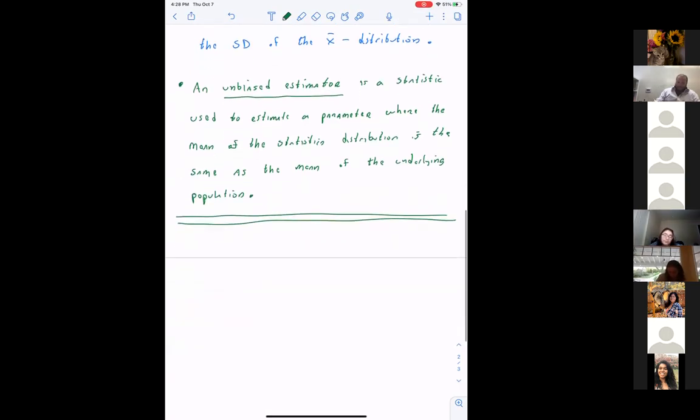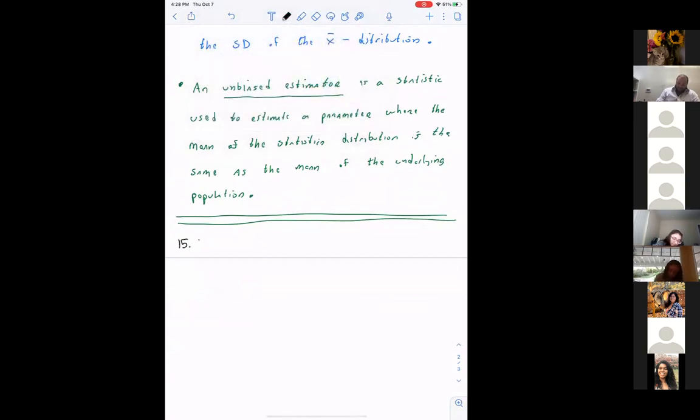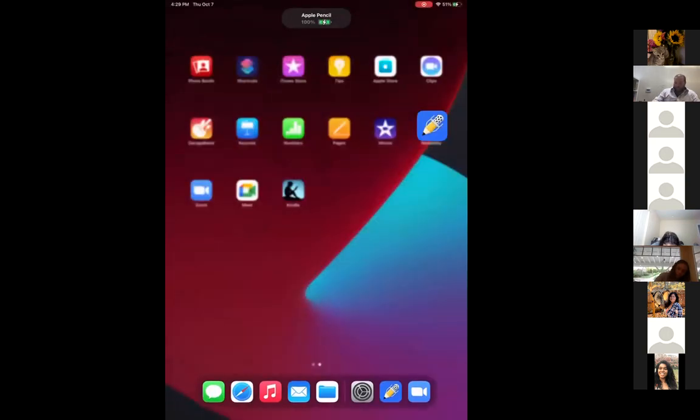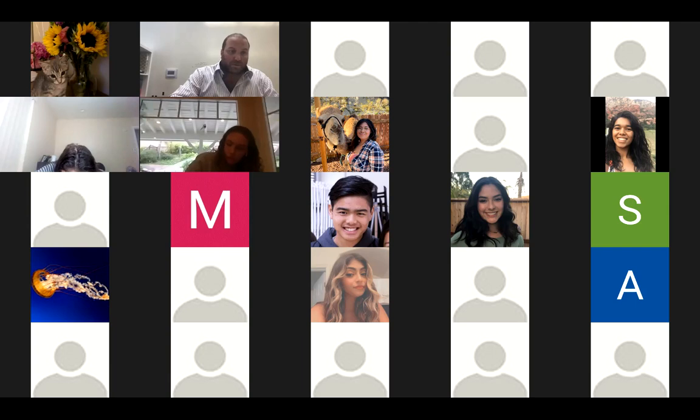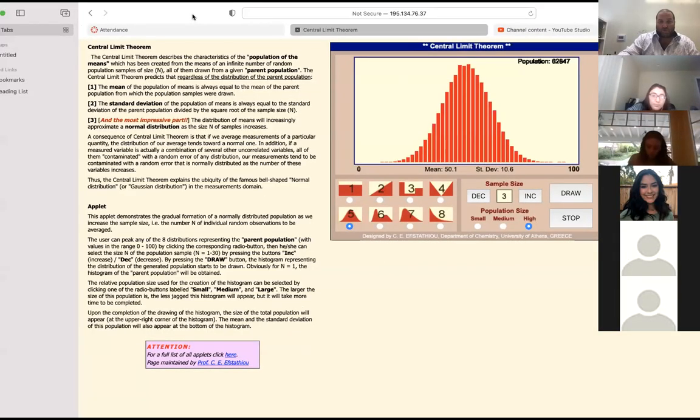Now, section 15.5 is on the other part of the applet, the central limit theorem. Just to refresh your memory, let's go back to that applet and pick a different shape than normal.